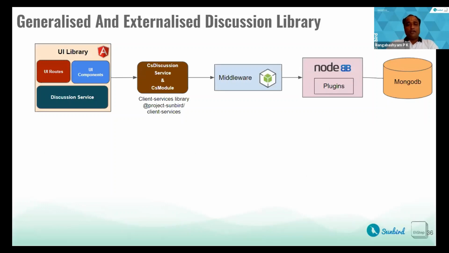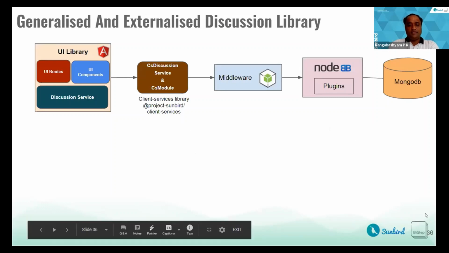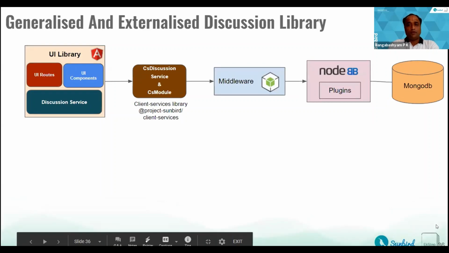Coming to the UI part of it, as we have seen, the whole approach of Sunbird is to make sure that we are generalizing and externalizing the whole framework. So you have a UI library that is built on Angular 8.